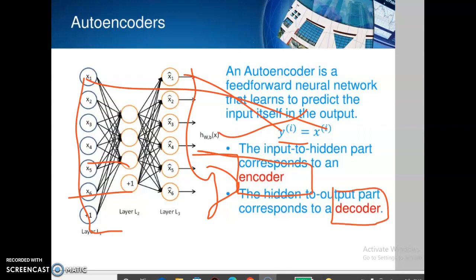This one is connected to the output, the targeted output. This one is layer 2, layer 3, h equals W of x.